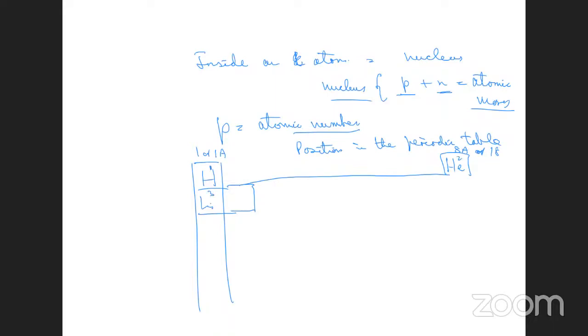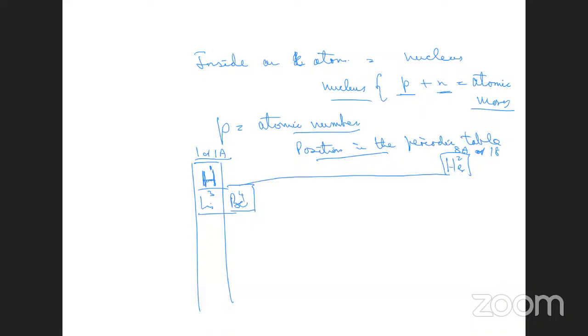But lithium comes under group 1 and 1A. Helium comes under 8A or 18. Now, I will do a separate video about the periodic table and what information you can derive from it. But here, just to show you what it means to say positions in the periodic table: you count the position from left to right and go down, hydrogen 1, helium 2, lithium 3, beryllium 4.